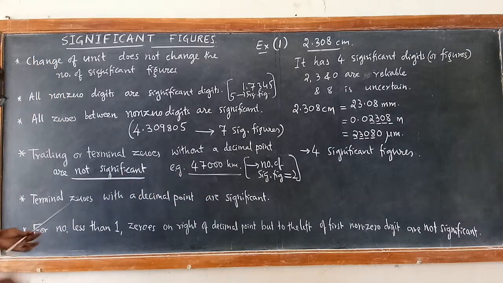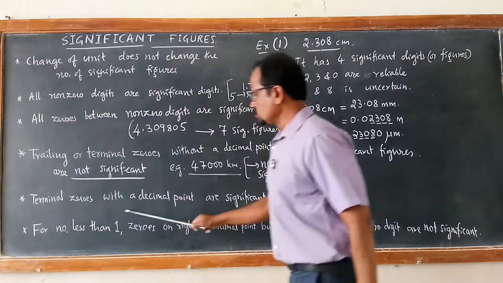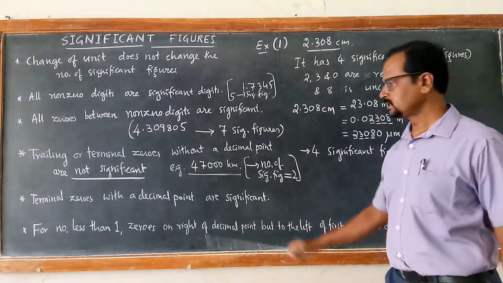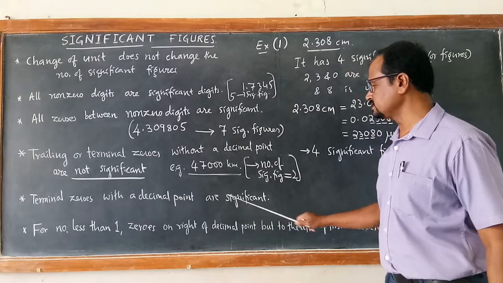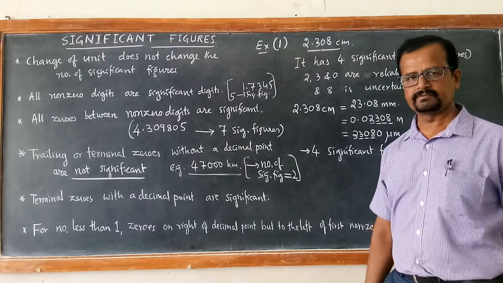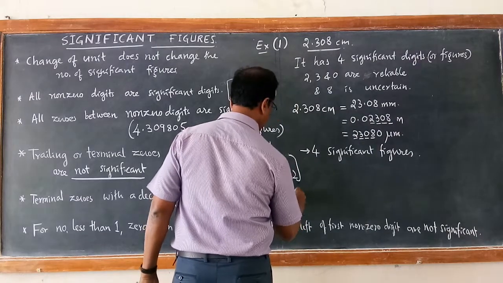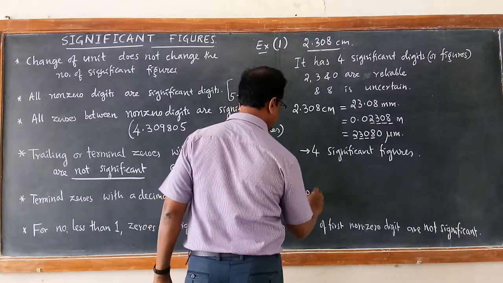Now next, terminal zeros with a decimal point are significant. For example, 4.700 meter.